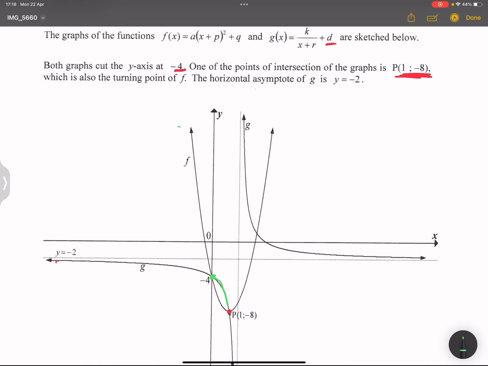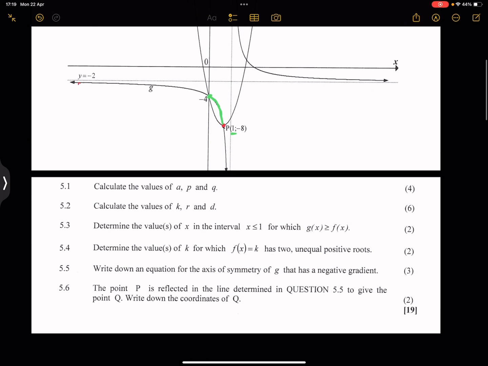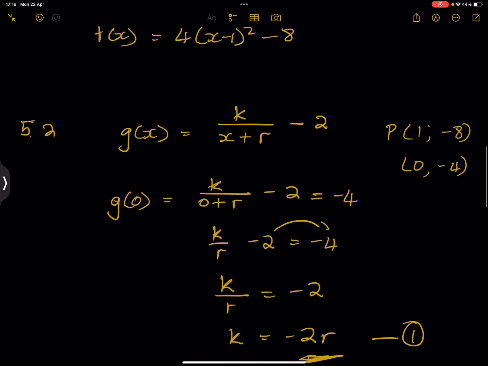There is my g of x above the parabola. So that would be for x is greater than 0, and it must be less than 1 in this case. So it's only between that point 0 and 1. So remember they said greater than or equal to, so I'm going to include both 0 and 1.